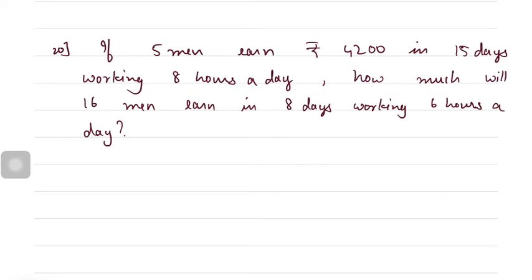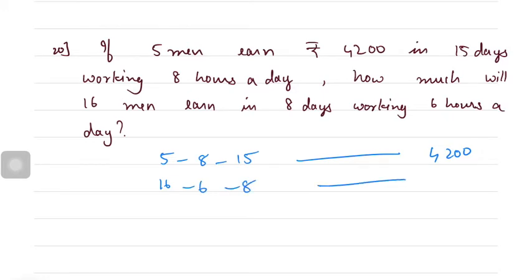If 5 men earn rupees 4,200 in 15 days, working 8 hours a day. So if 5 men work for 8 hours per day for 15 days, then they will earn 4,200. How much will 16 men earn in 8 days working 6 hours a day? So 16 men working for 6 hours a day for 8 days, how much will they earn, right?